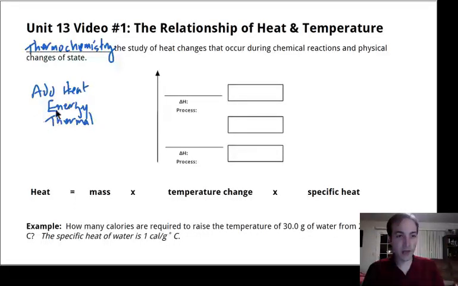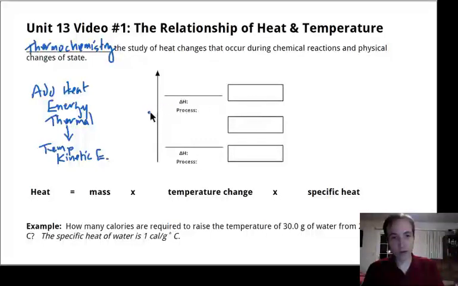And by adding heat, we essentially give the substance that thermal energy, which will in turn affect the temperature. And we know that temperature is a measurement of another type of energy, which would be kinetic energy. So the idea is that your heat is providing the energy that, when taken in by the substance, will affect its kinetic energy.